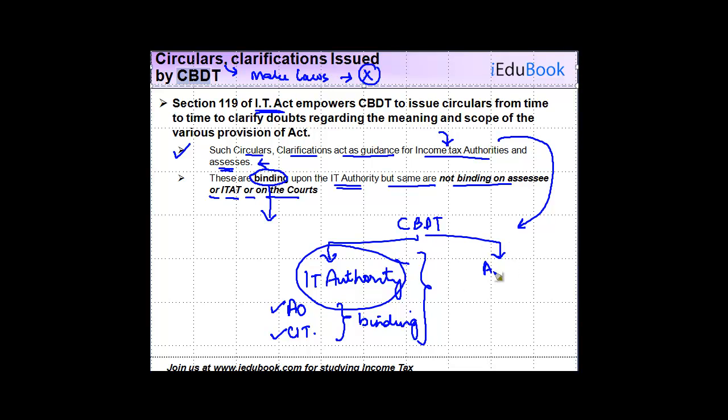But insofar as the assessee is concerned, or the ITAT, which stands for Income Tax Appellate Tribunal, or the courts, which could be your High Court or Supreme Court, these are not binding on them. Although they can definitely refer to the guidance there, they can agree to disagree on these.